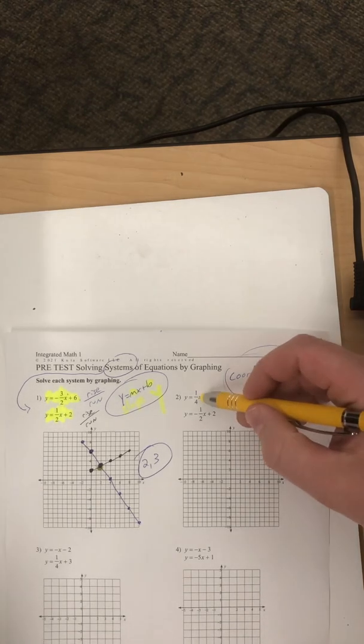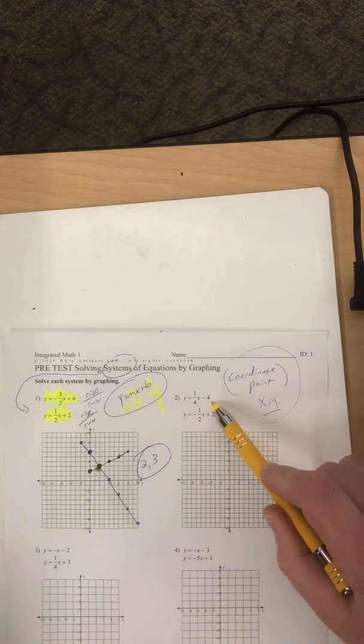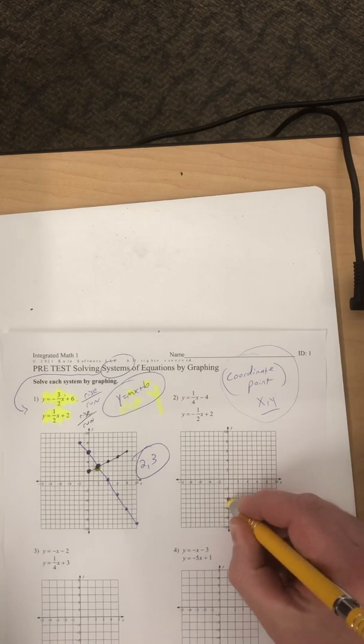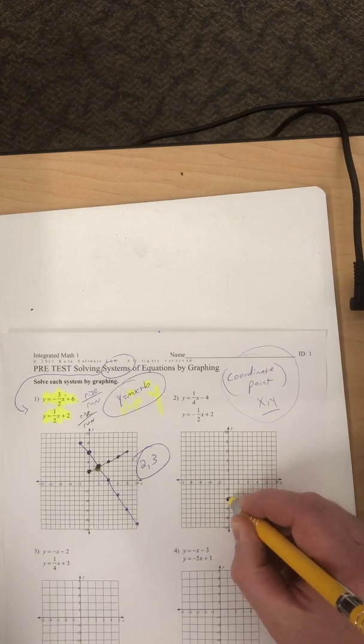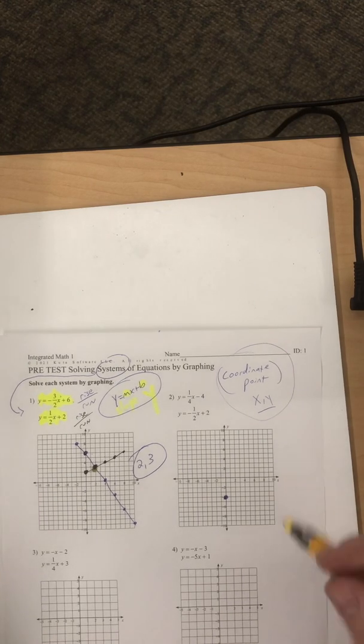First equation, 1/4 x minus 4. Well, that's easy. -4 is my y-intercept. And my slope is 1/4. So up 1 over 4. Up 1 over 4.